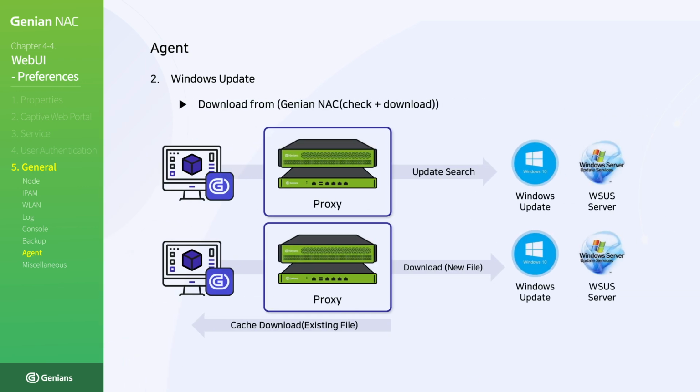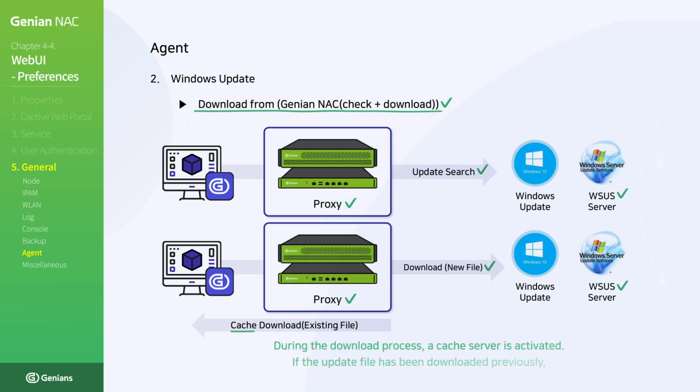If an update file has already been downloaded once, subsequent downloads are performed from the cache without requesting it again from Microsoft WSUS. For the NAC connection to function, the proxy service must be enabled under System by selecting the relevant device and configuring the settings in the Appliance tab.